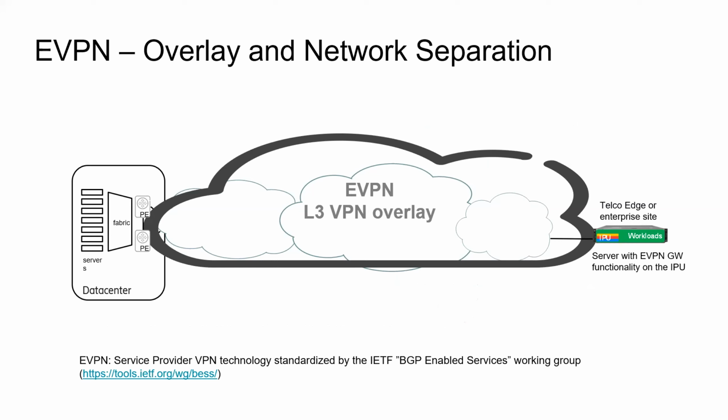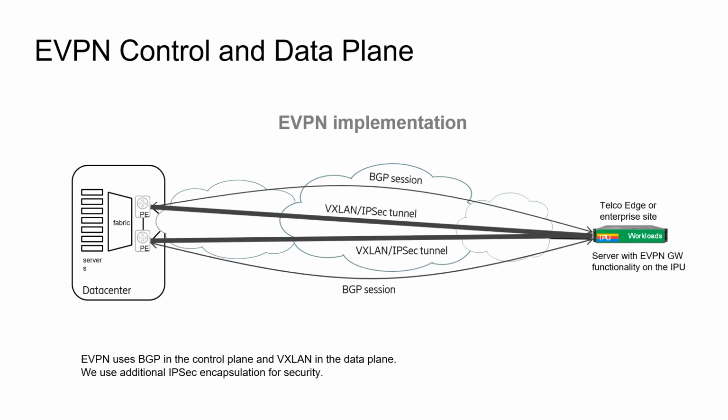Originally it was for L2 VPNs, but it's been updated for L3, and that's exactly what we needed. It provides logical L3 VPNs on top of existing IP networks, and that was a very good fit for our proof of concept, so we decided to go with that. If you go on to the next slide, Mike, it describes how EVPN does it.